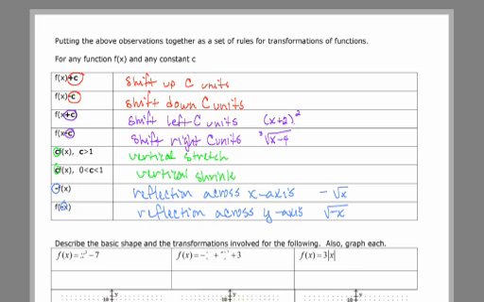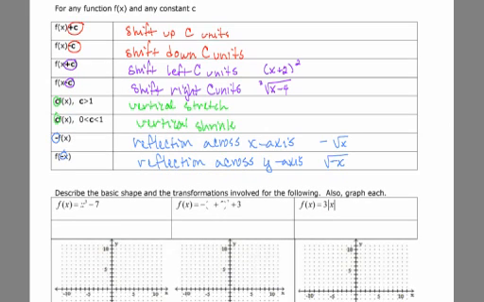Now let's take all these rules for shifting and reflecting and apply them to these functions down here. A little hard to see, but you can see it on your note sheet. This is x cubed minus 7.